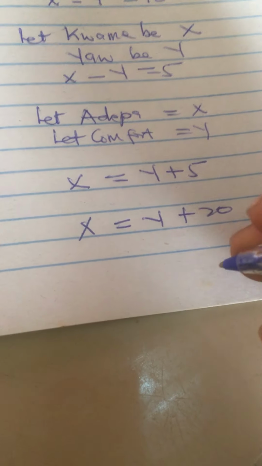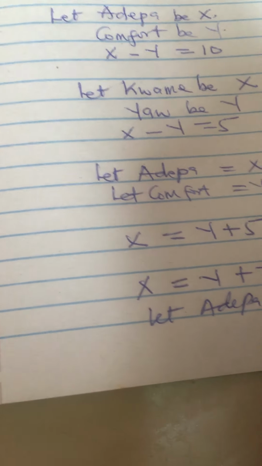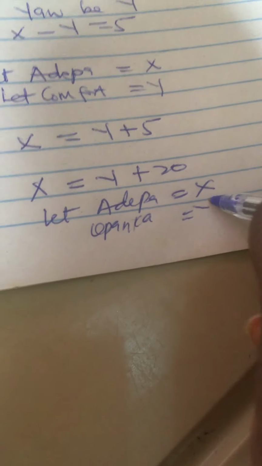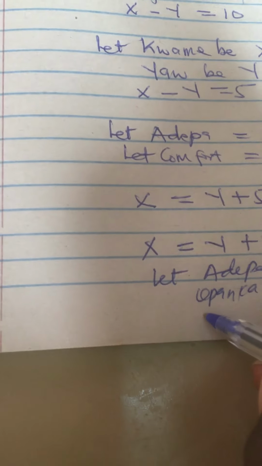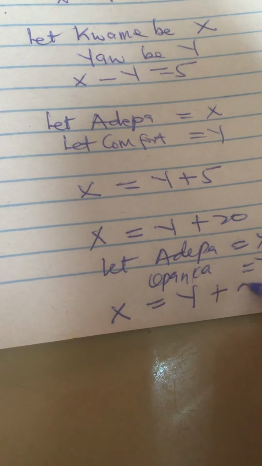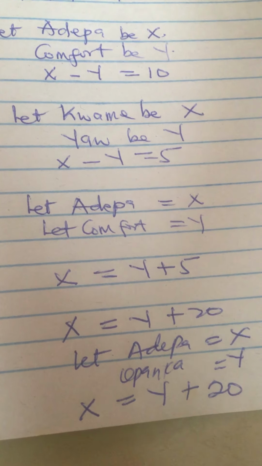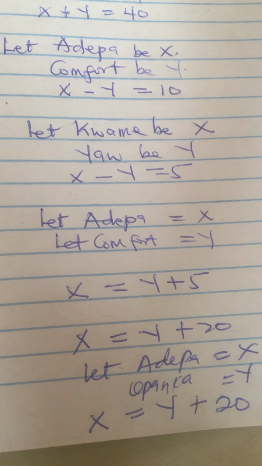So if Adepa is 10 years older than Opanka, let Adepa equal x, and then Opanka equal y. And so x equal to y plus 10. Please, I hope you're okay. Good. And with this, it will make you understand what we want to do today. So now let's go to our first question and then solve it.